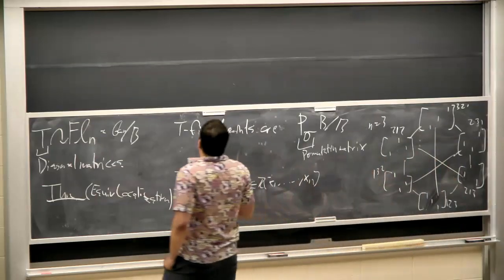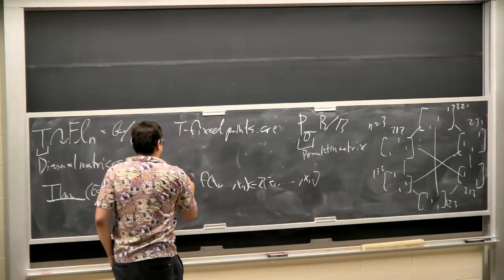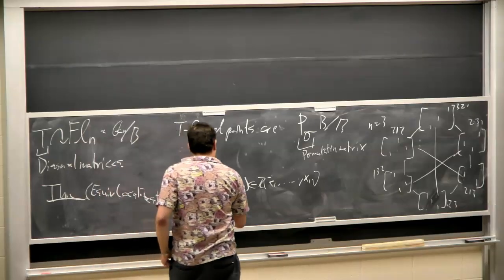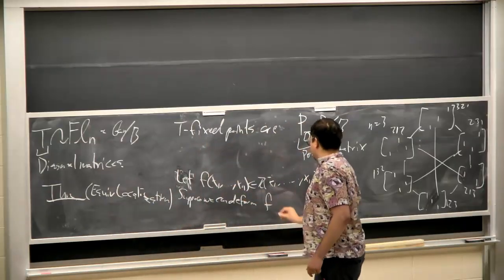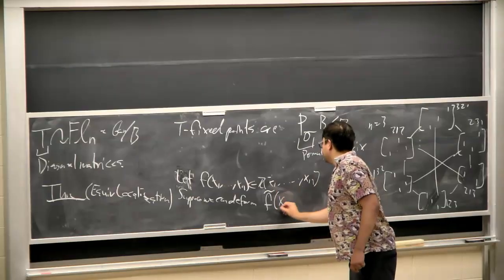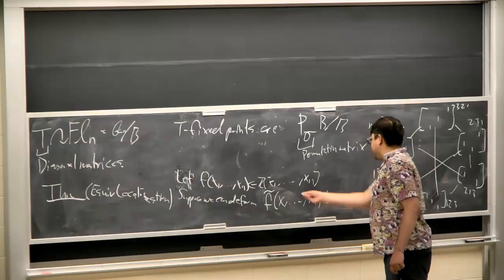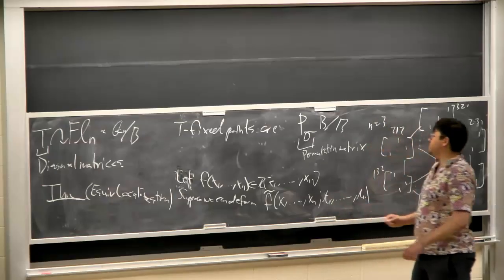Then the sufficient condition is, suppose we can deform f, I'll put a little tilde over it, so it includes the same x variables and some t variables, t_1 through t_n.